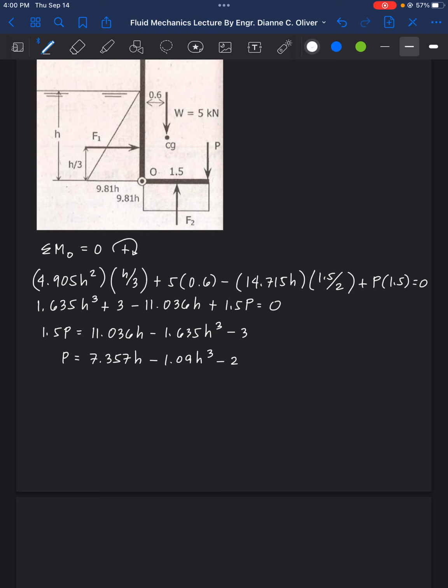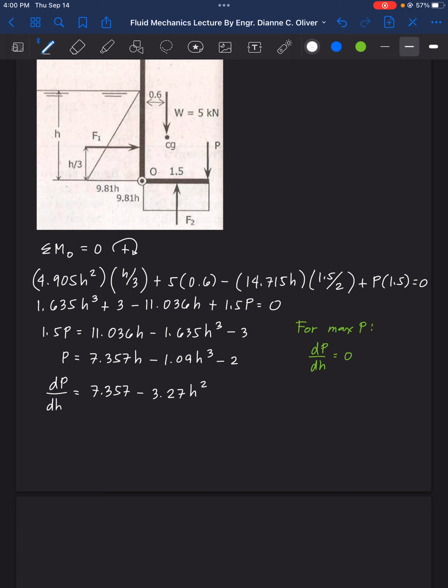So for maximum value, for max P, dP over dh is equal to 0. So let's derive this. The derivative of P over the derivative of h is 7.357 minus 3 times 1.09, which is 3.27 h squared, minus 0.